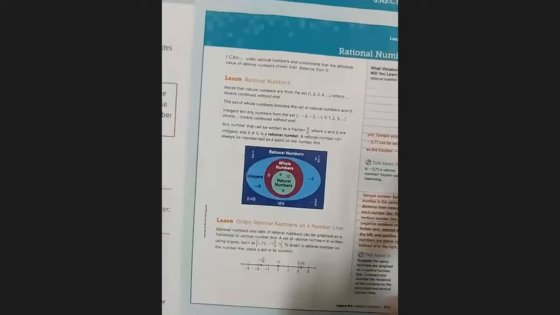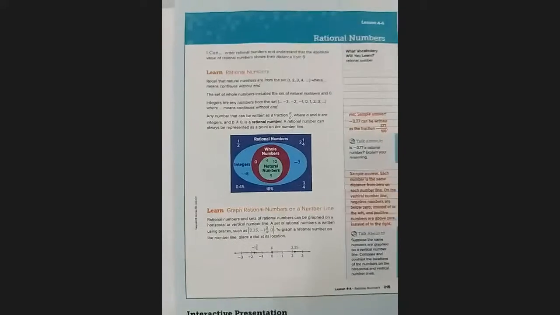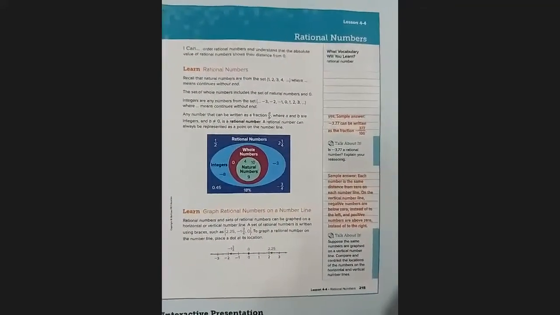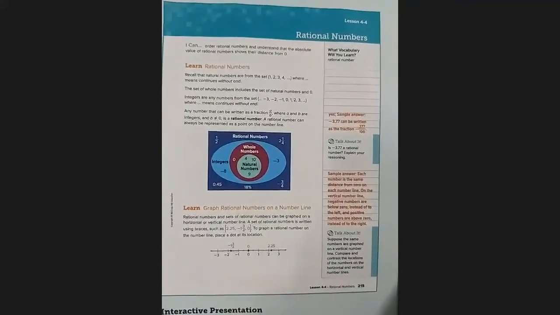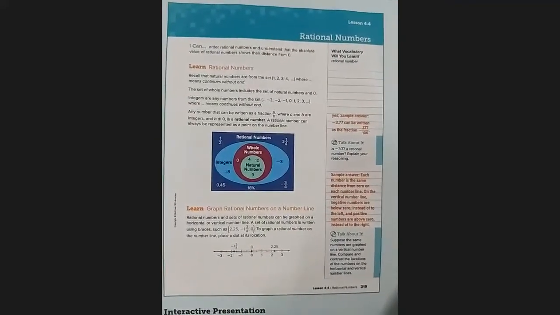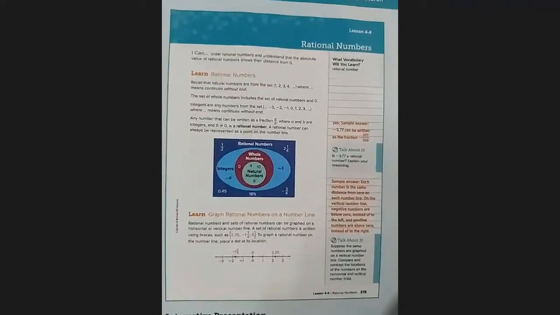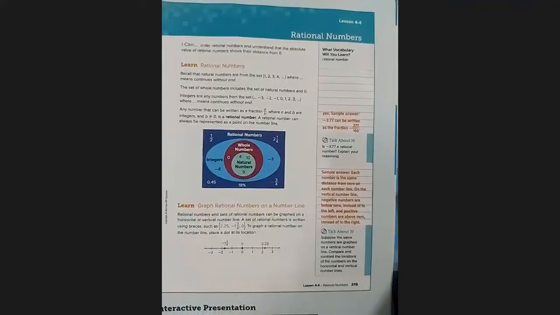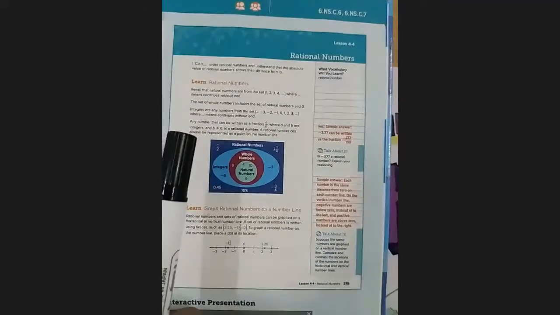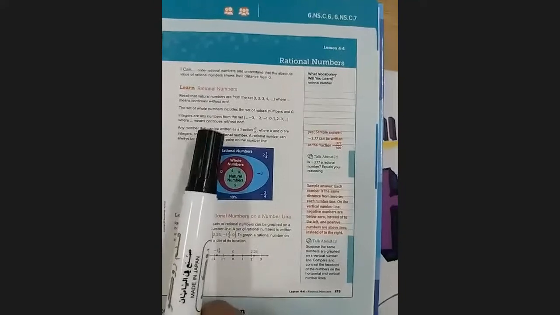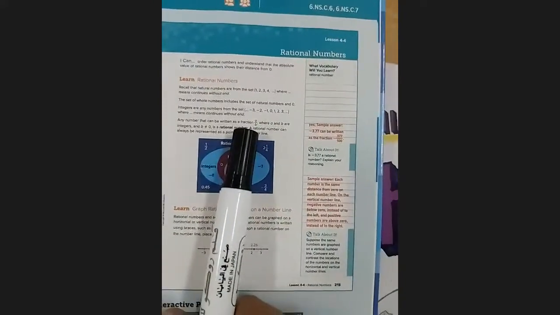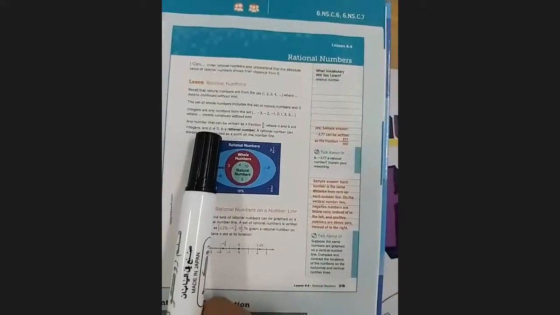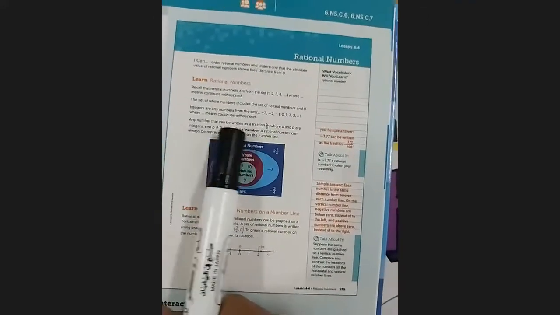Now, any number that can be written as a fraction a over b, where a and b are integers and b is not equal to 0, is a rational number. Look here, guys. Any number that can be written as a fraction a over b, where a and b are integers and b not equal to 0, is a rational number.